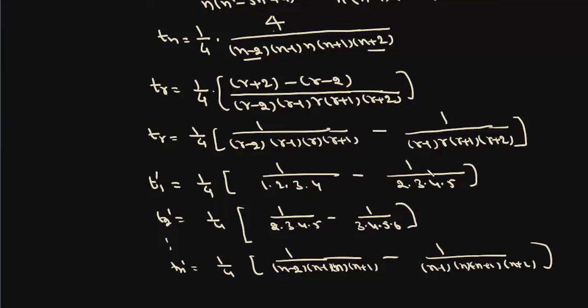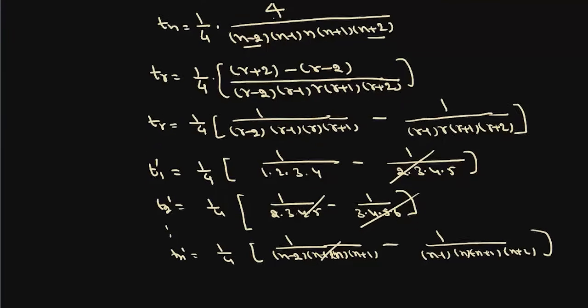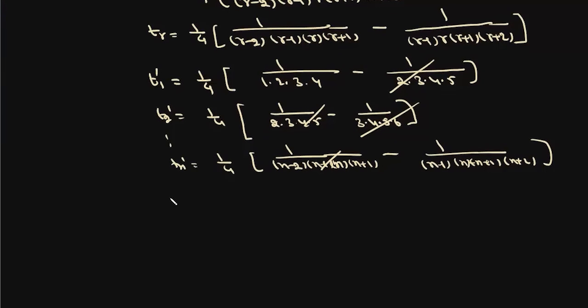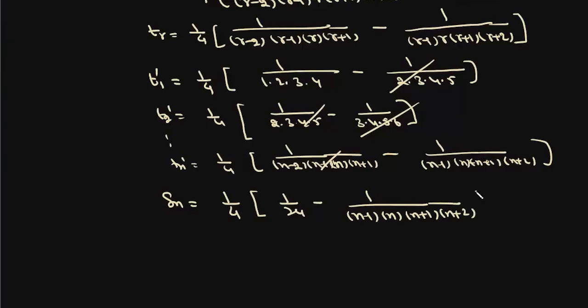Now if we add them all up, all these terms will cancel. So the sum of n terms for this series will be 1 by 4, and this is 1 by 24 minus 1 upon n minus 1, n plus 1 into n plus 2. So that is the sum of n terms.